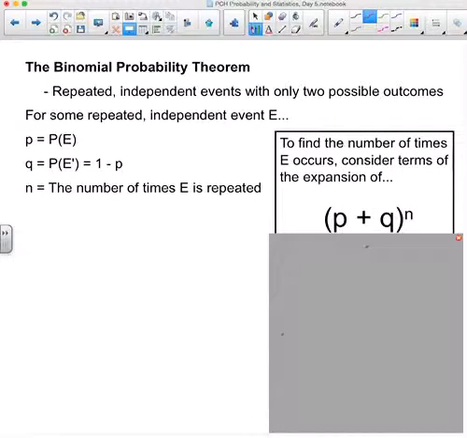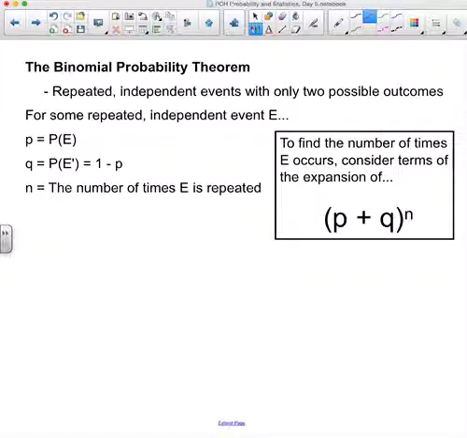So what we're going to do, in order to find, I wrote the wrong thing here. It's not the number of times.